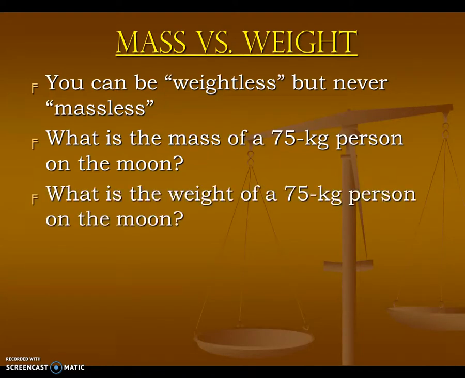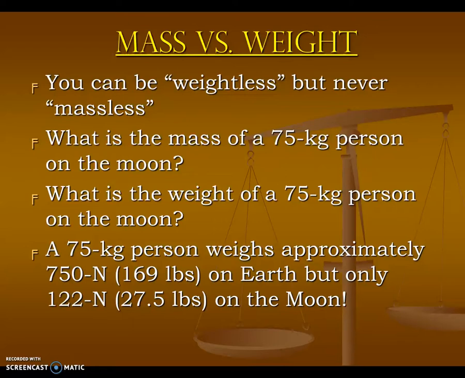But your weight will change because the acceleration due to gravity on the moon is different than it is on the Earth. So if you're a 75 kilogram person, on the Earth you're going to weigh 750 newtons, 75 times 10, which is roughly 170 pounds, just to help you understand what these two mean. 122 newtons is what you would weigh when you went to the moon, because the acceleration due to gravity on the moon is a lot smaller. It's actually like 1.7.